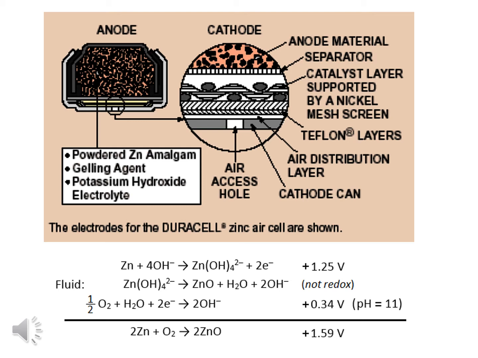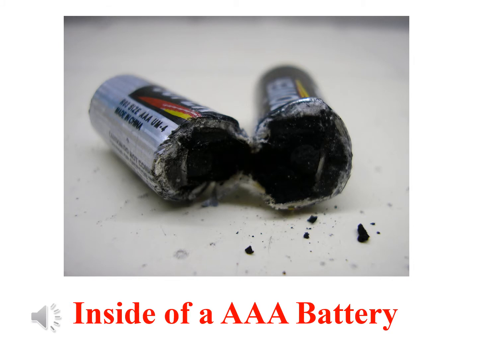I thought it would be interesting to show you what's inside a regular AAA battery. Somebody cut this in half, and what you can see inside is a carbon rod that runs down the middle of the battery. You can make carbon or graphite into a conductor in one direction if you make it into a pressed cylinder.